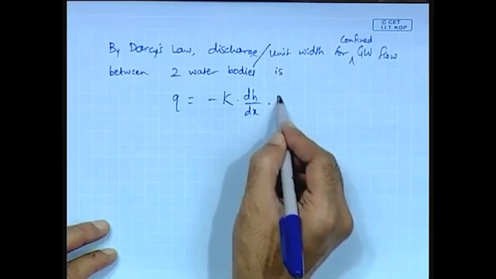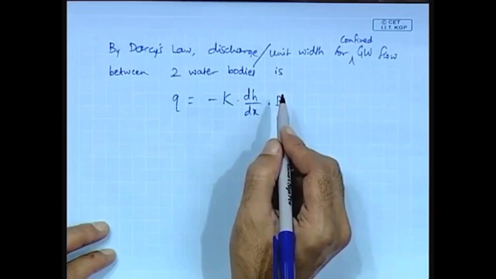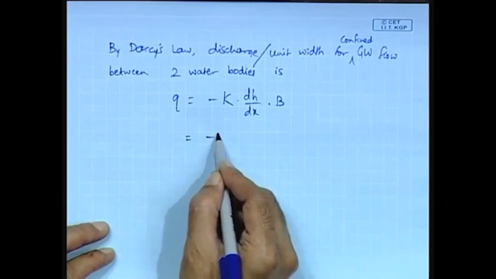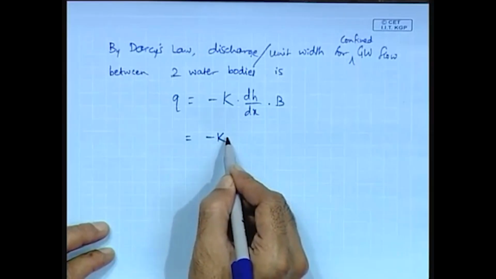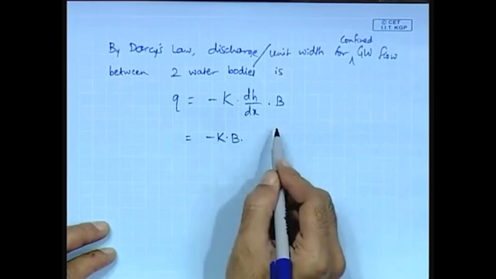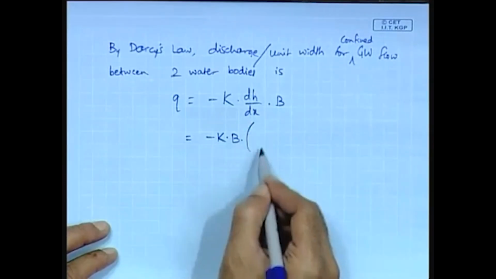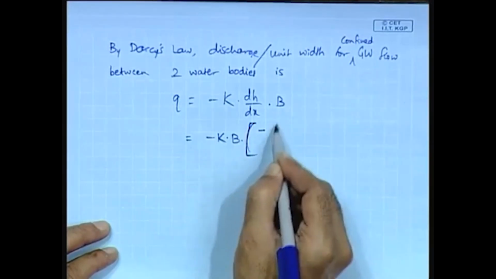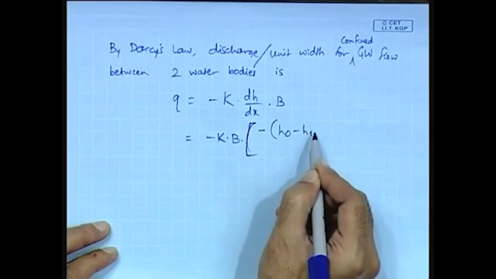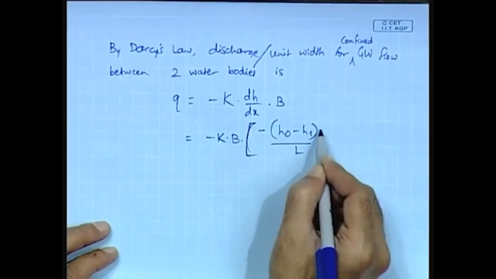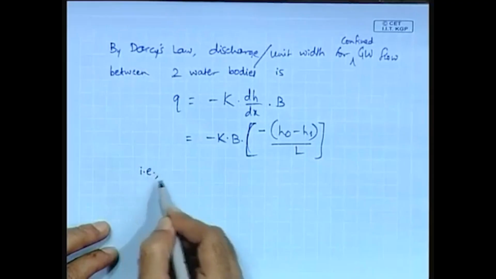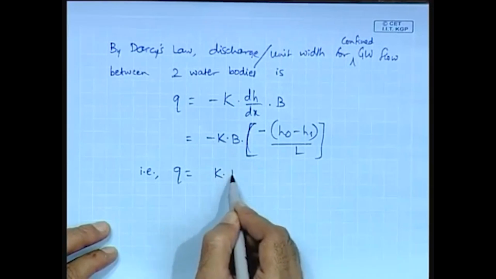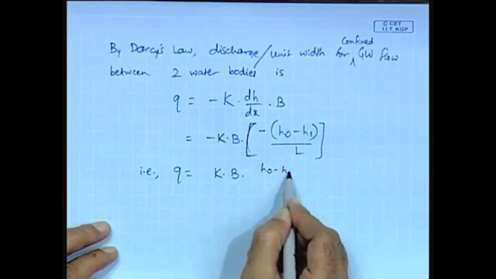So, this will be 1 into B or simply B. Okay. So, in this case, this is minus K into B into the hydraulic gradient, which is minus of H0 minus H1 divided by L. That is, Q is equal to K into B into H0 minus H1 divided by L.